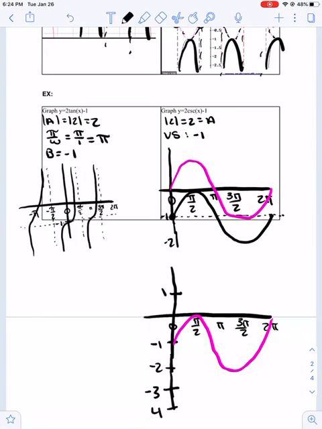So we need to go -3 and then -4. And then our highest was 0. So we also have to go up 2 more. So -1, 0, 1, 2. Okay.